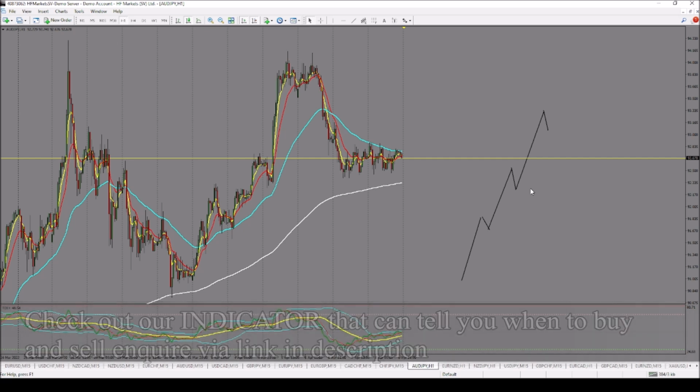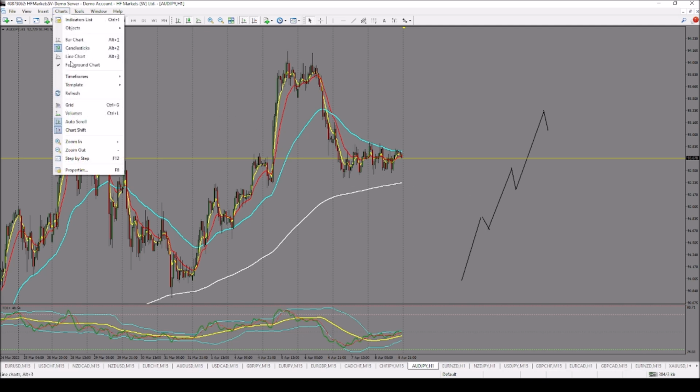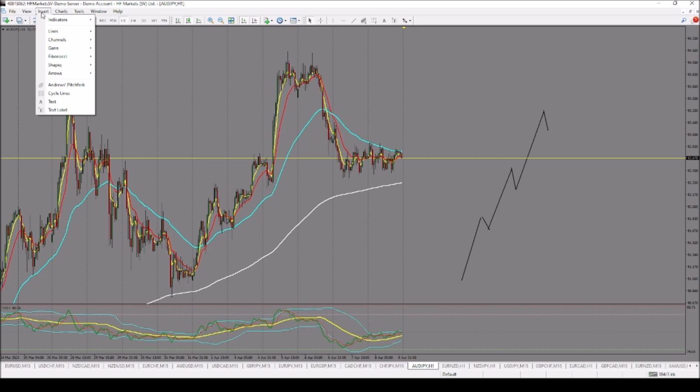On this chart, it's AUD against JPY, and the first thing we will do is count levels until we reach the third level. At the end of the third level, that is where we start to anticipate an M or a W depending on the market context.